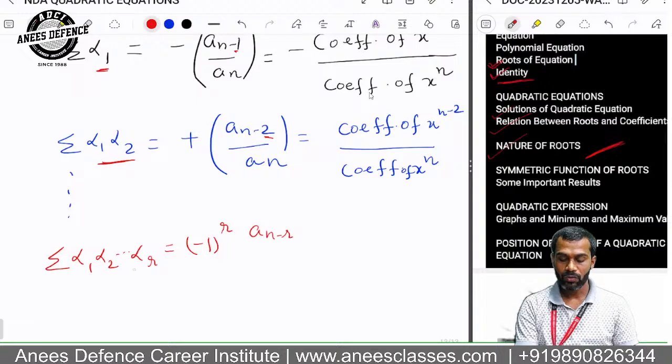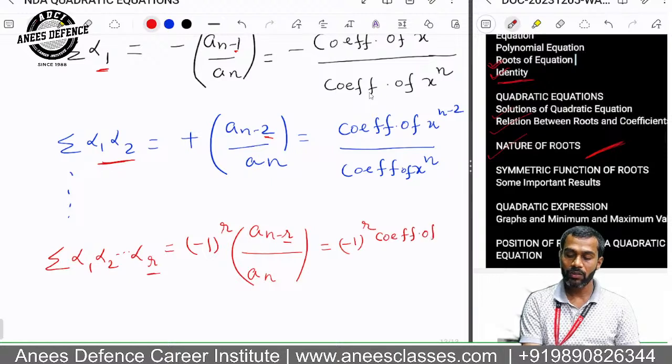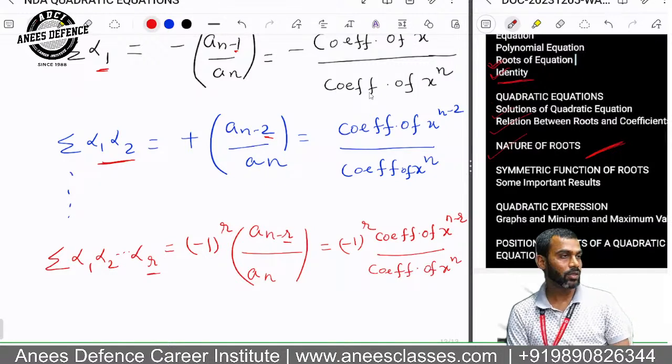So r terms, n minus r, divided by a n. Now, minus 1 raised to r, coefficient of x raised to n minus r divided by coefficient of x raised to n. Yes or no? A n means coefficient of x raised to n.